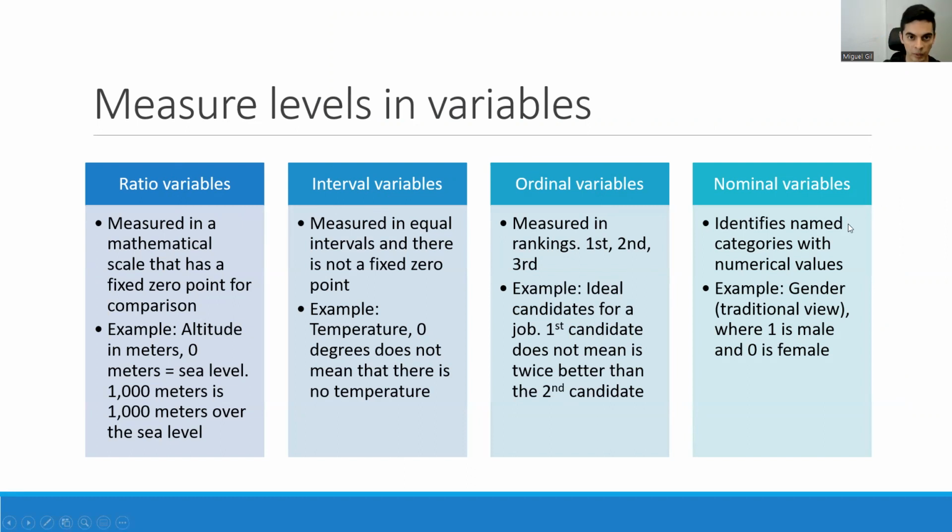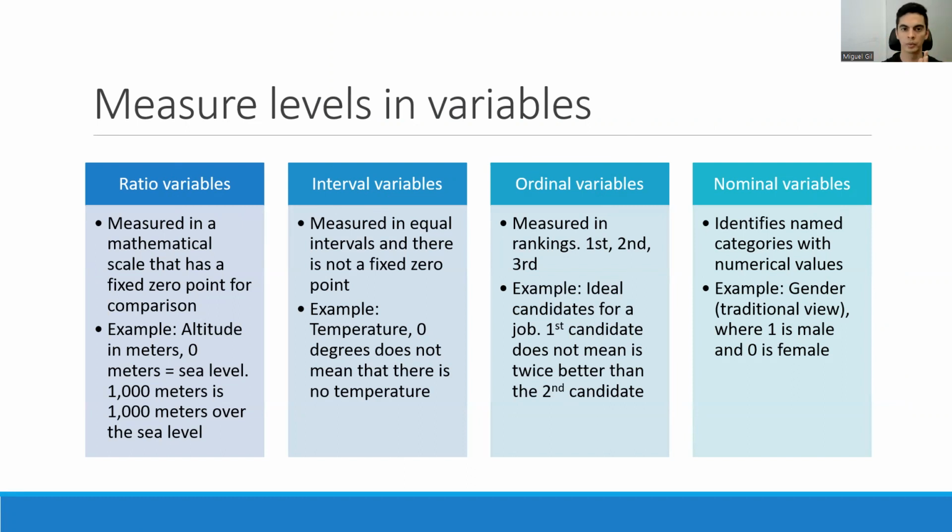So with the nominal variables, because in a nominal variable, you are representing something where it doesn't really matter the number that you assign to that variable. Let me give you an example.